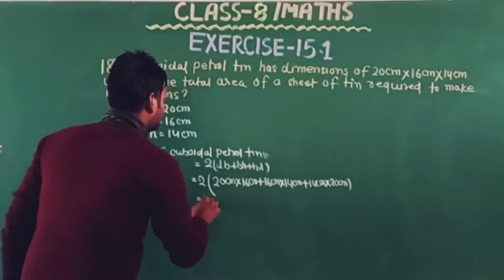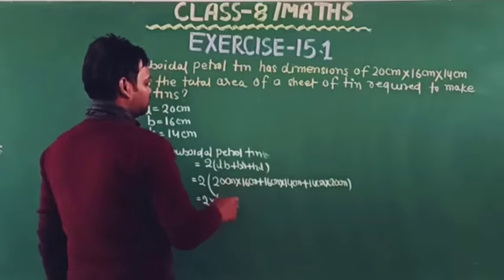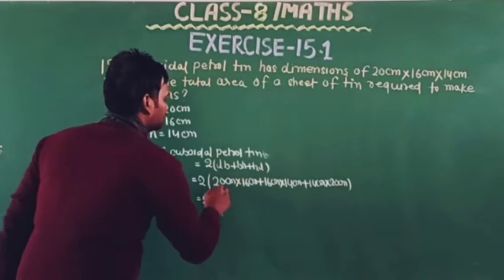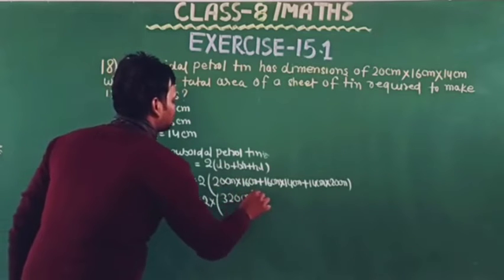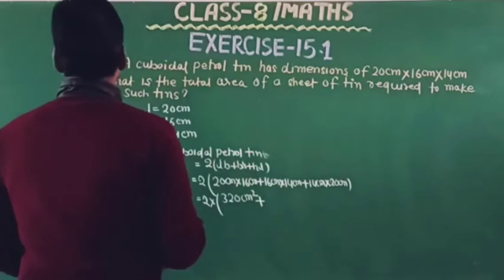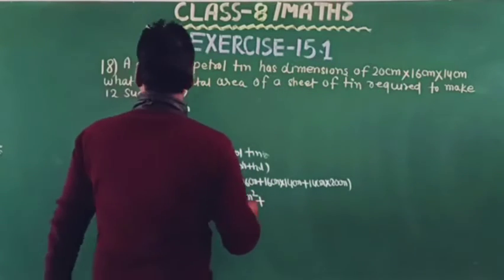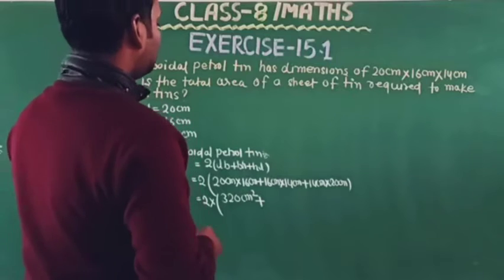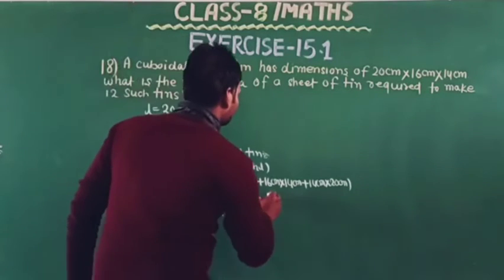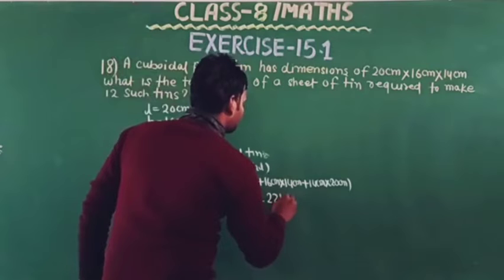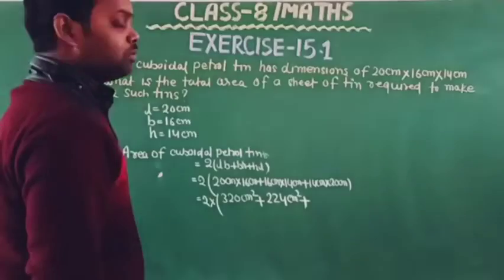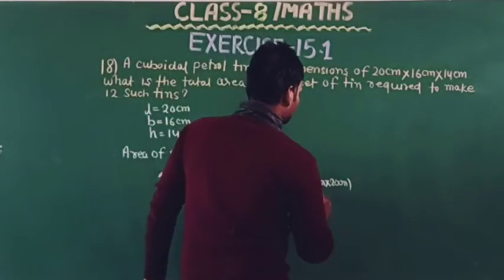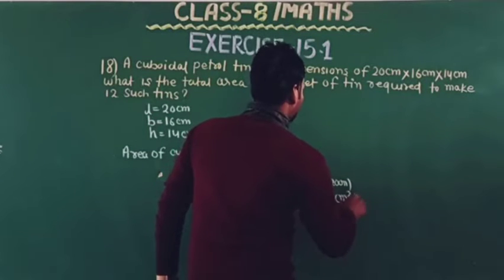So this is 2 as the same, and now multiply 20 into 16, we get 320 centimeter square, plus 16 into 14, we get 224 centimeter square, plus 14 into 20, 280 centimeter square.